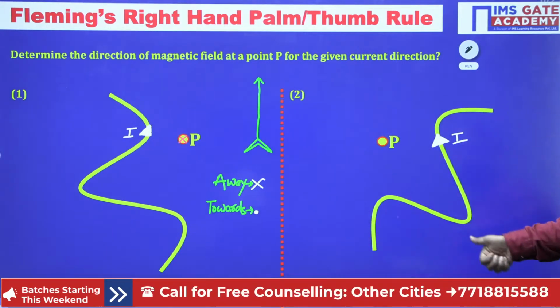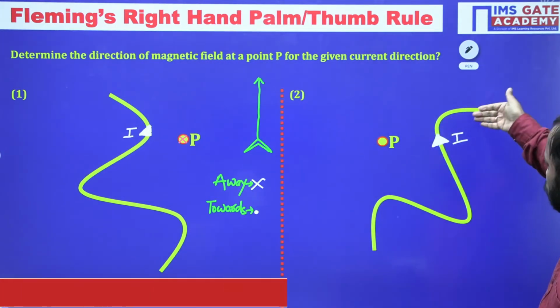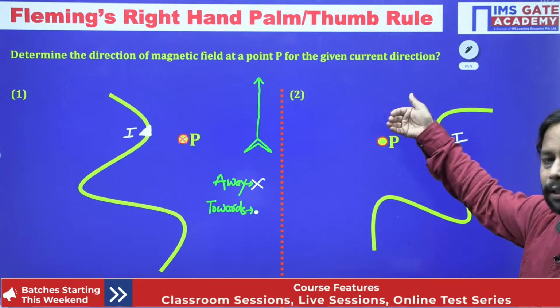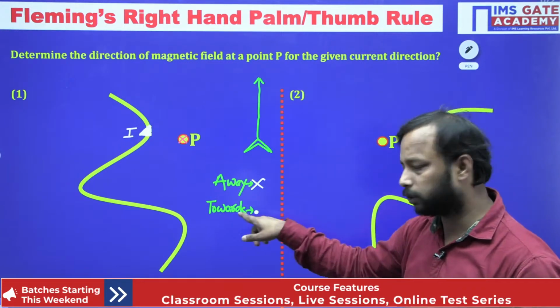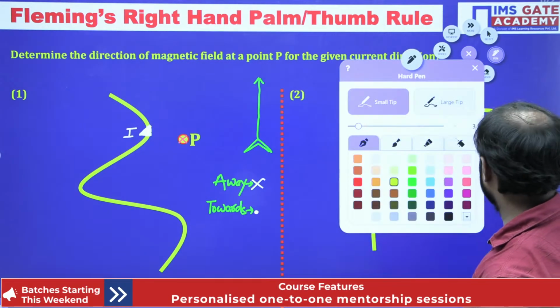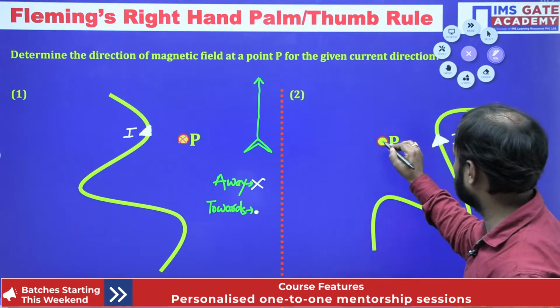Let us come here. In the second part, the current is the same, means the direction of current is upward. So at P, the magnetic field is coming towards you. Coming towards you means the magnetic field here is a dot, like this.